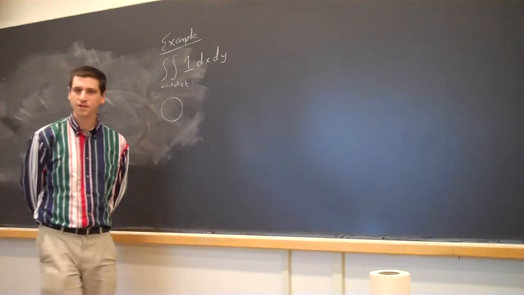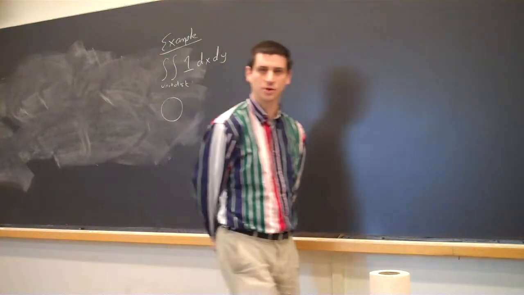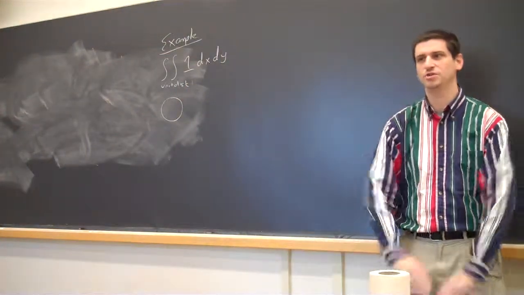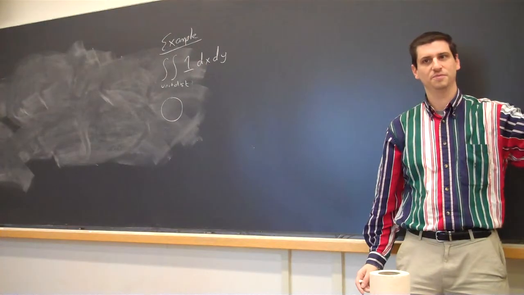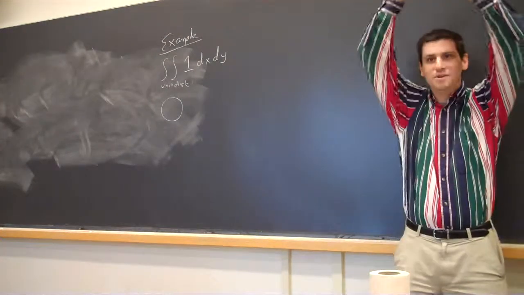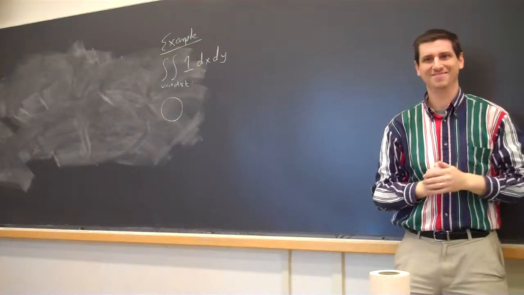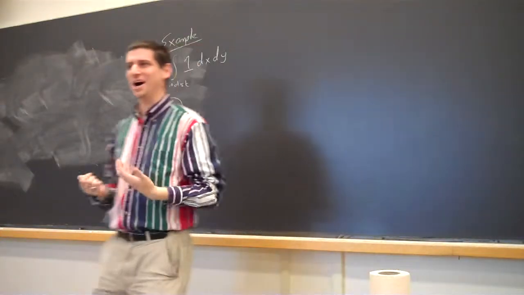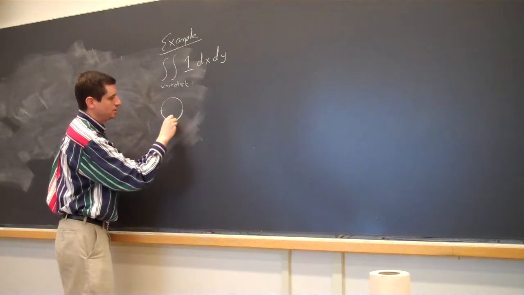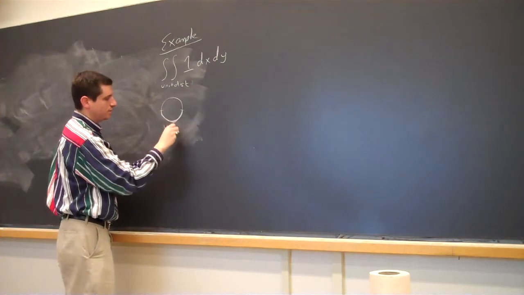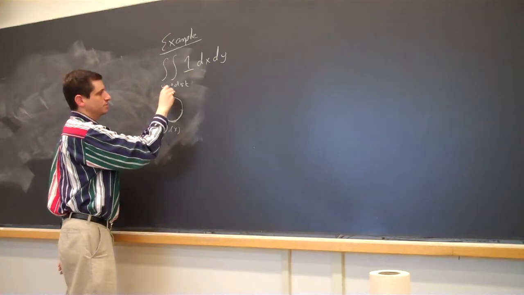Is this region vertically simple, horizontally simple, or both? Both. All right, do you want to integrate up, or do you want to integrate left, right? We're all used to integrating up. If we integrate up, here's our y1 of x, here's our y2 of x.